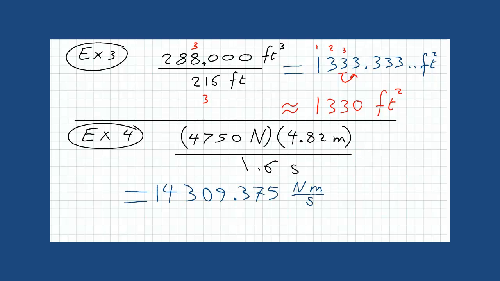Looking back at our measurements, the first measurement has accuracy 3. The second measurement has accuracy 3. The third measurement has accuracy 2. The last measurement is the least accurate measurement. Rounding our answer to accuracy 2, we count 1, 2, and then looking at the number on the right, we can round our result to be 14,000 newton meter per second.